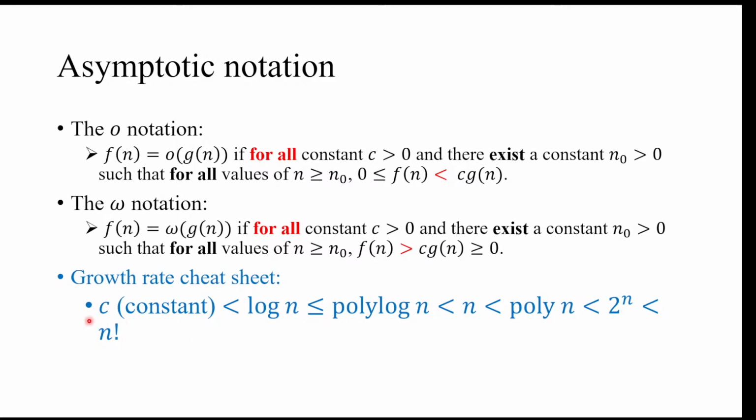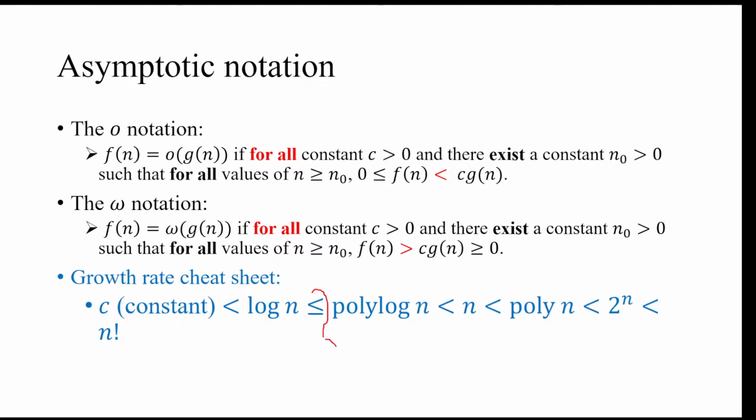The constant will, when n goes to infinity, be less than log n, and log n will be less than or equal to polylog n, depending on how big your poly is. I guess here you have a fractional poly will actually be slower, so here it should be a bit of a question mark.